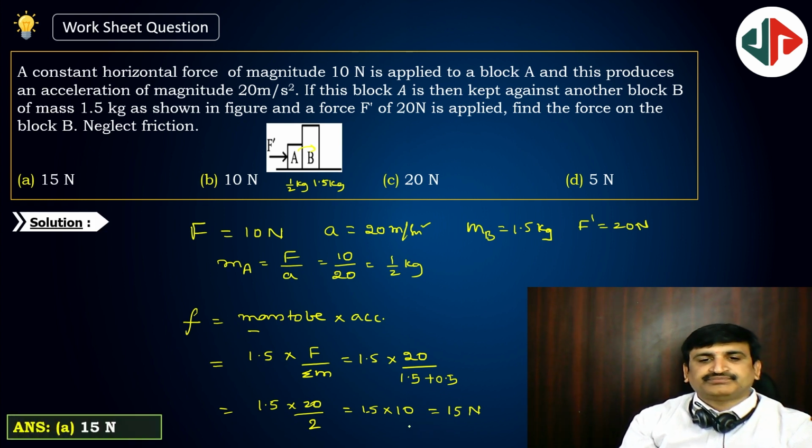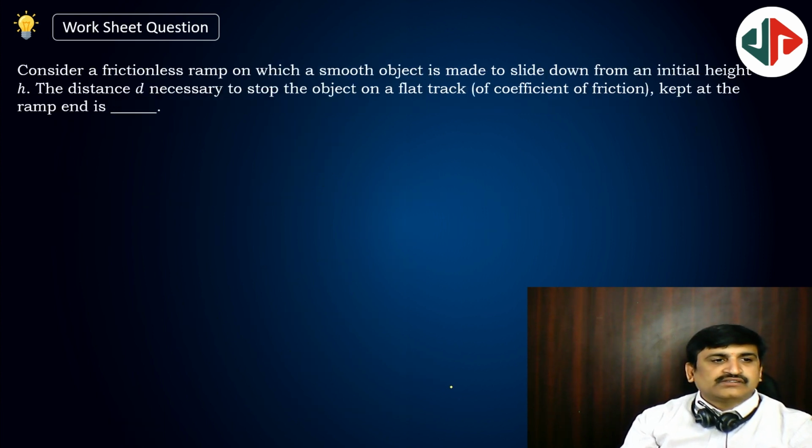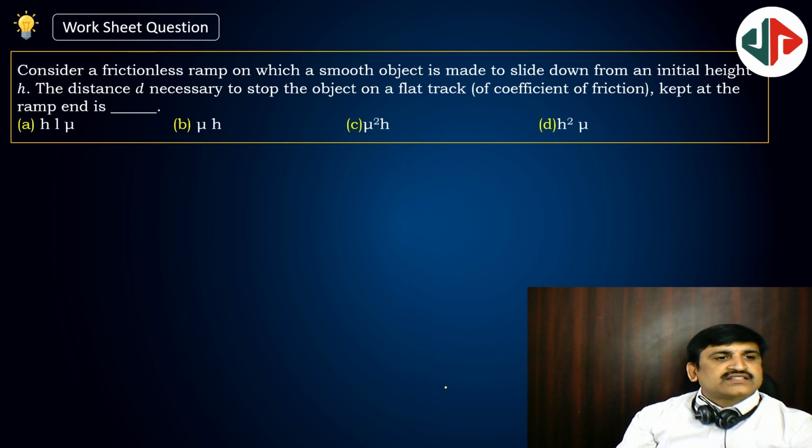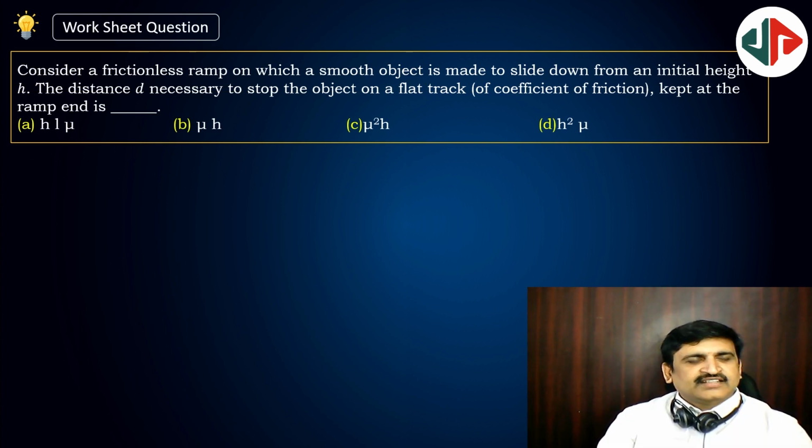Next. Next question is, consider a frictionless ramp on which a smooth object is made to slide down from an initial height h. Find the distance d necessary to stop the object on the flat track if the coefficient of friction is mu.